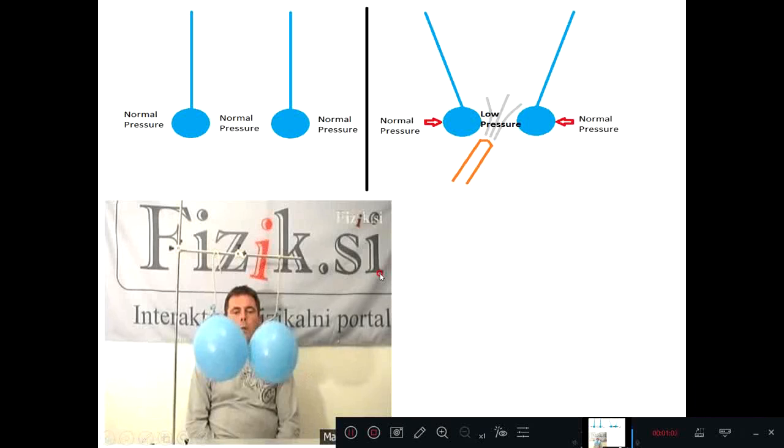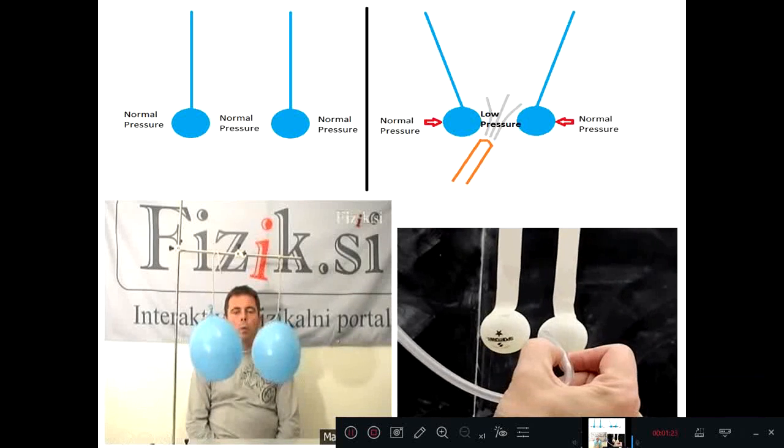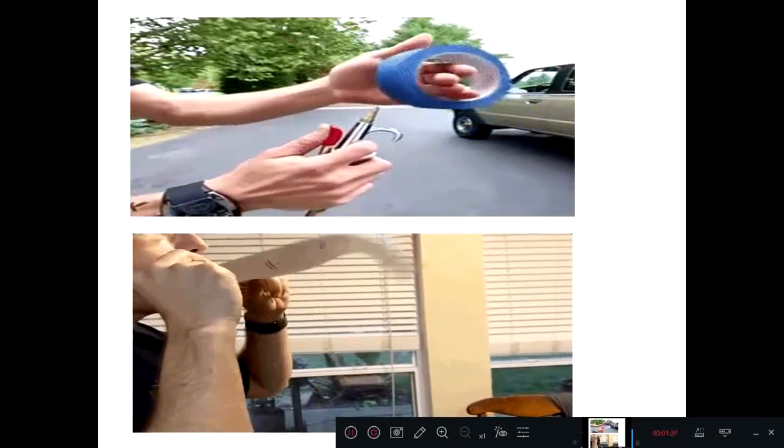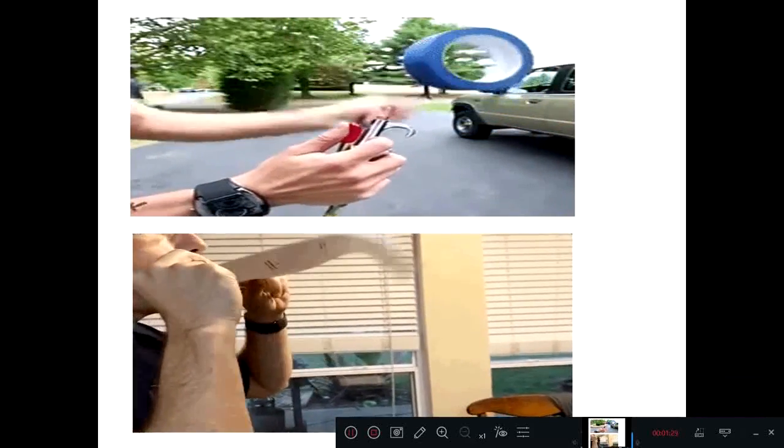We also discussed how two balloons, tied and hanging a distance apart, come closer and closer when you blow air in between, and this can be explained by the principle of Bernoulli. So this is also one of the applications of Bernoulli's equation.